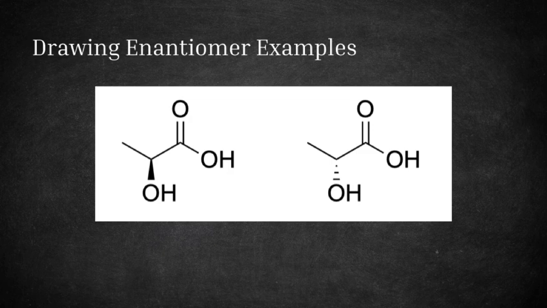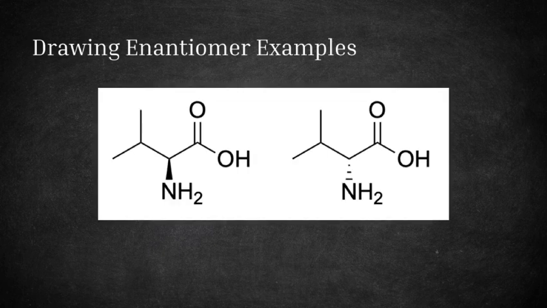Here's one more example. In the amino acid valine, the central carbon is attached to an amine group, a carboxyl group, an isopropyl group, and a hydrogen atom, resulting in an asymmetric or chiral carbon. Valine therefore also has one stereogenic element, meaning it can exist as a pair of stereoisomers known as enantiomers of valine.